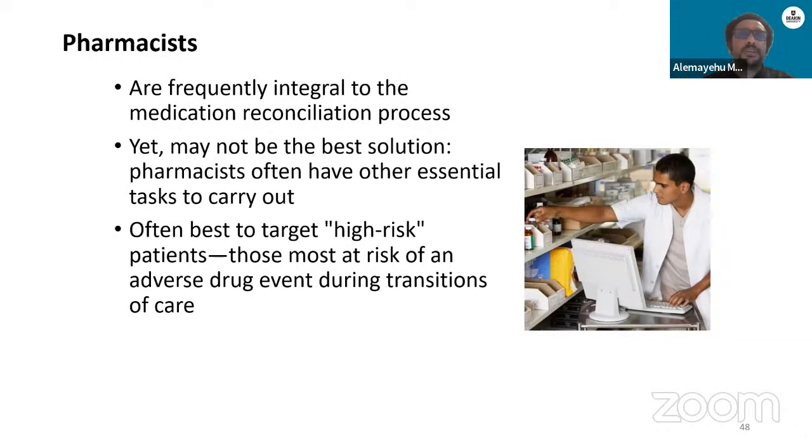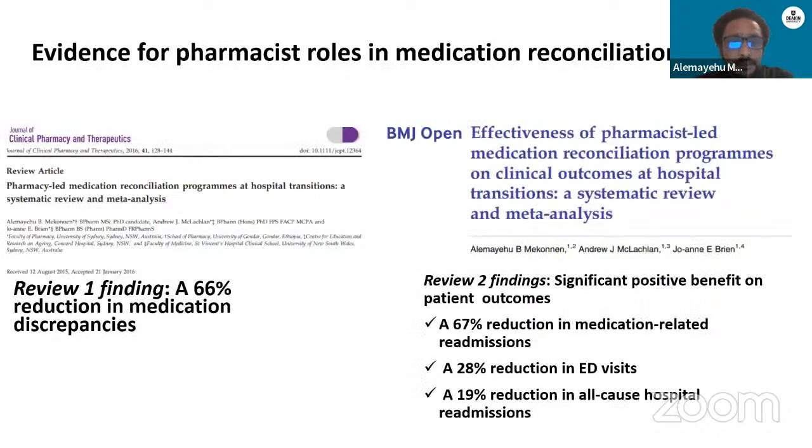One approach is to target only high-risk patients, for example, patients taking five or more medicines. You may conduct medication reconciliation for them because conducting it for every patient is resource intensive. So what is the evidence for pharmacists in medication reconciliation? These are some of the studies I conducted as part of my PhD.